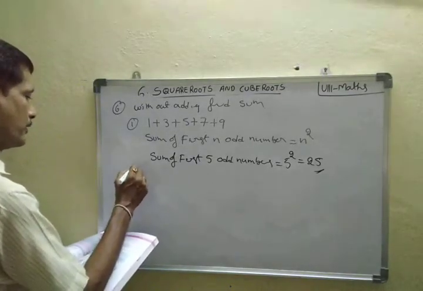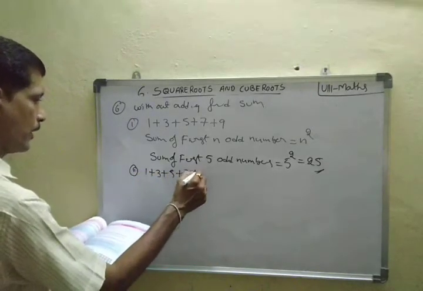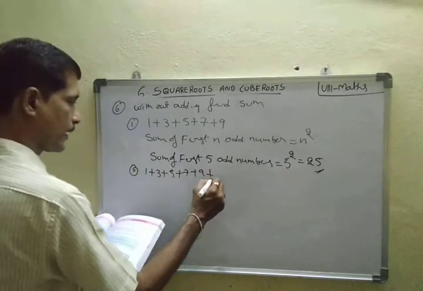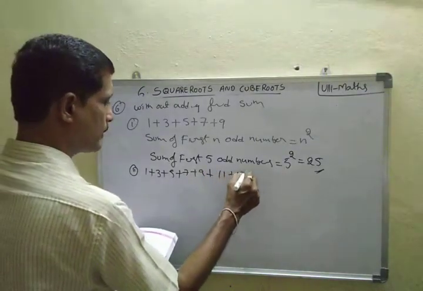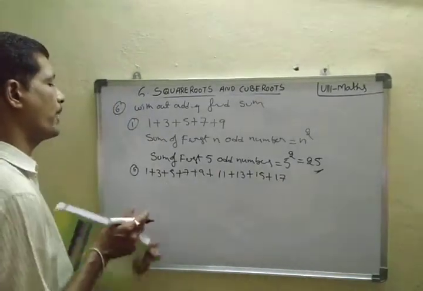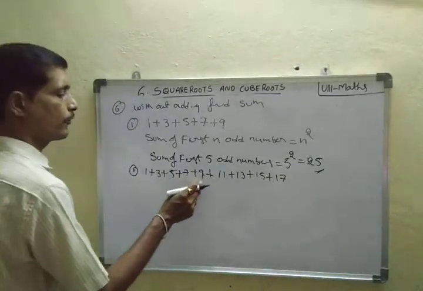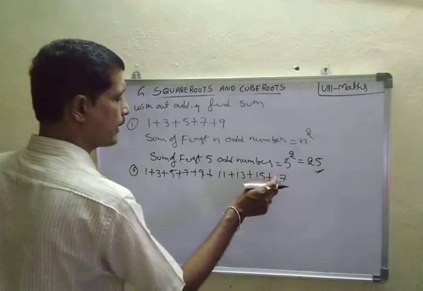Next, the second one is 1 plus 3 plus 5 plus 7 plus 9 plus 11 plus 13 plus 15 plus 17. Here first count this. How many numbers are there? 1, 2, 3, 4, 5, 6, 7, 8, 9.